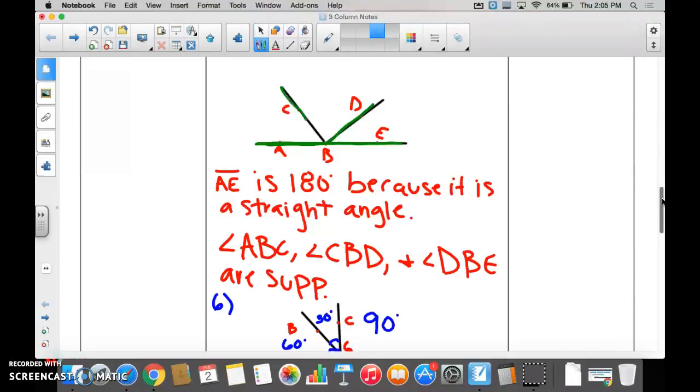They are supplementary because all of their angle measures would add up to 180 because they're all angles that are on the straight angle of 180 degrees.